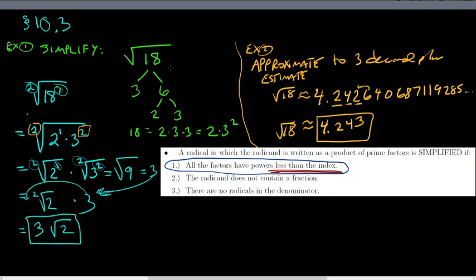So that's the square root of 18. The complete answer here is 3 times the square root of 2. Think of this as like lowest terms. It's the simplified version of the square root of 18.